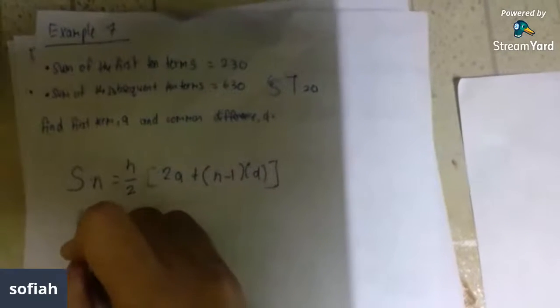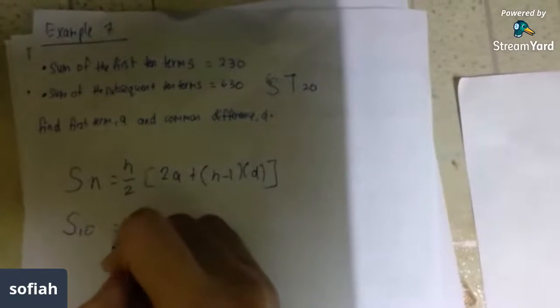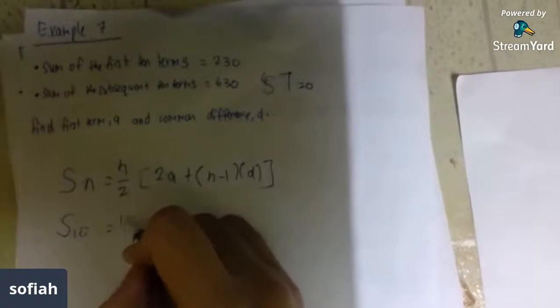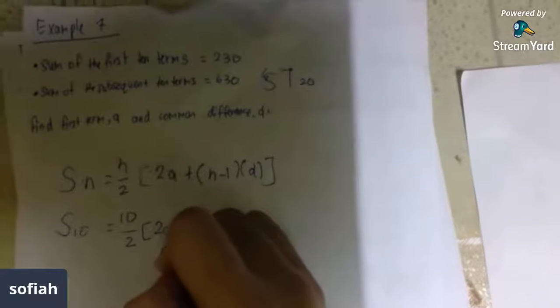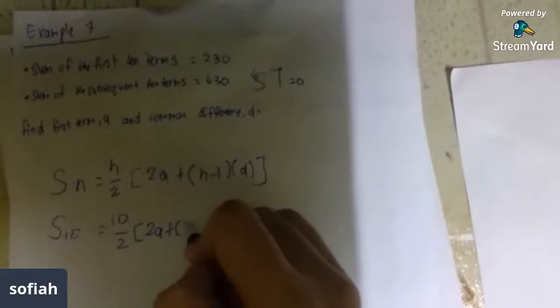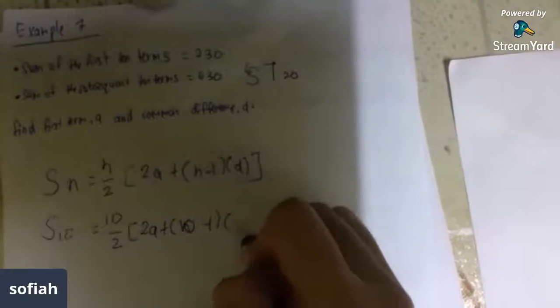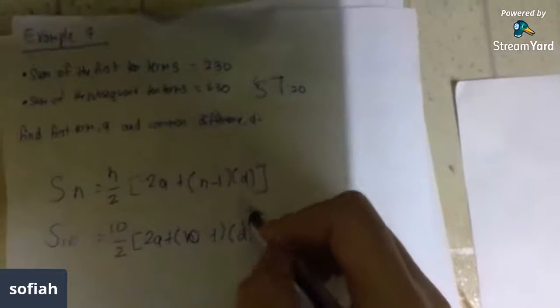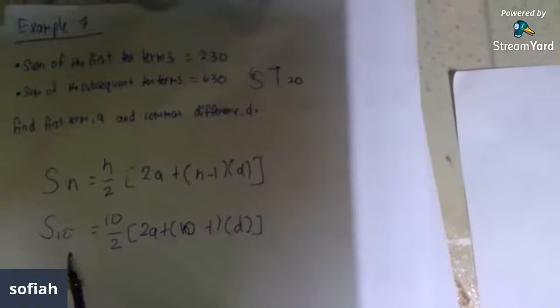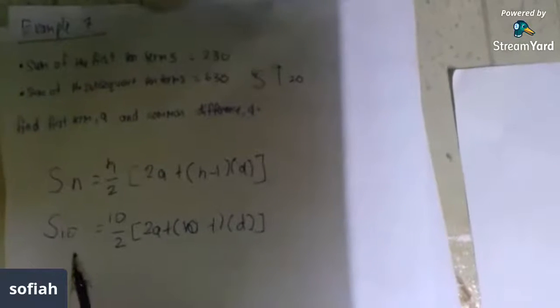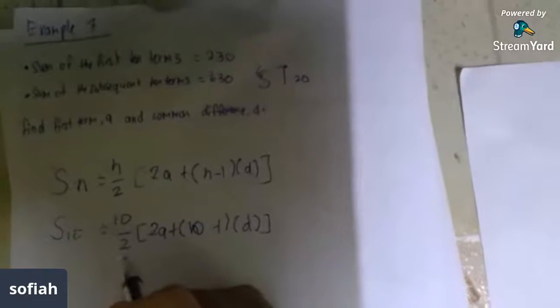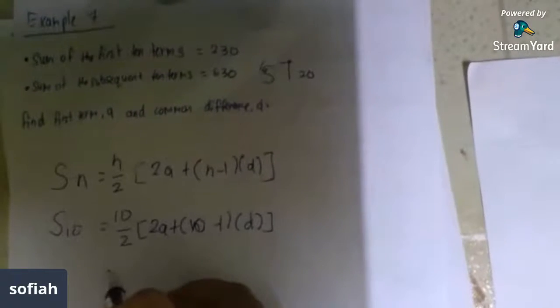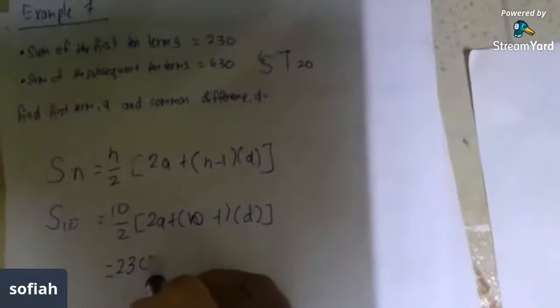This means that S10 equals 10 over 2, because it says that the first 10 terms is 230, so it means that n equals 10, and the value of this particular formula is 230.